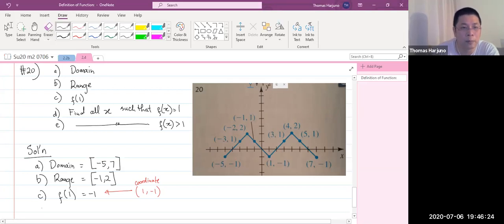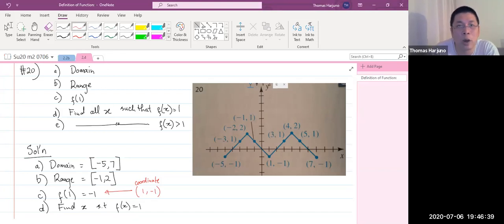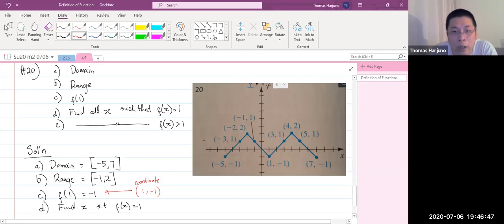Then part D, find all x such that f(x) equals 1. How do we do this? You draw the line y equals 1. And see where this y equals 1 line intersects the curve.